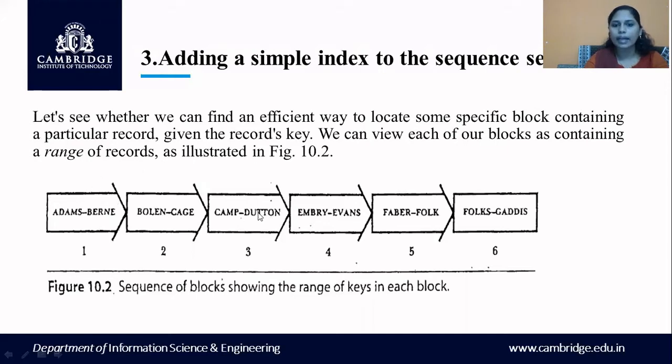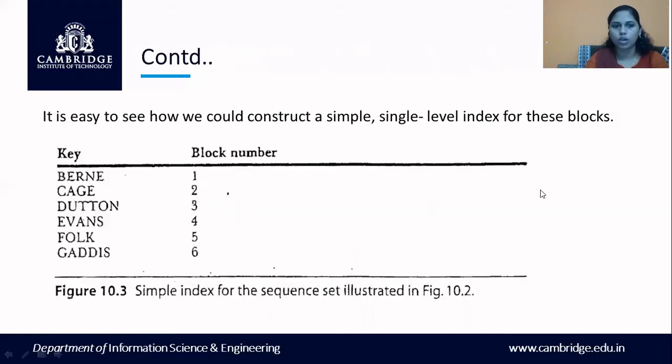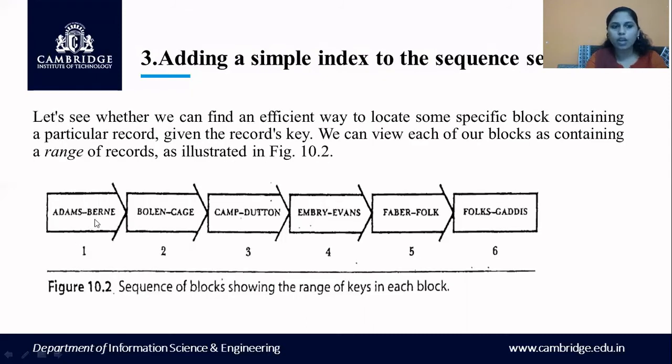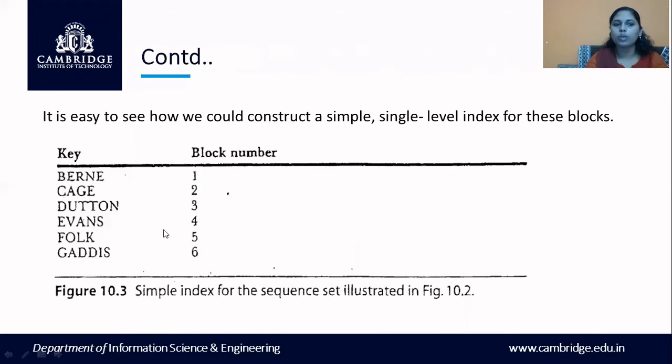So how do we add an index to these blocks is what we're going to see. Here, to add an index, what is the highest name in block number 1? Byrne, correct? It is present in which block? Block number 1. Then in block number 2, what is the highest name? Cage. It is present in which block? 2. So this is how you are going to create the index. This is a simple index for the sequence set.